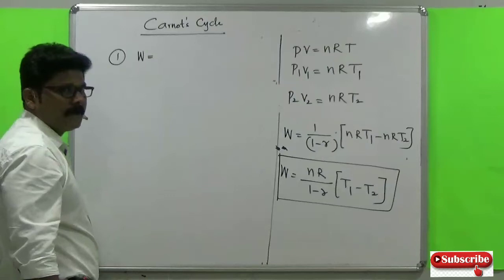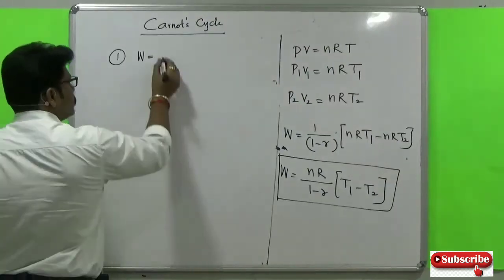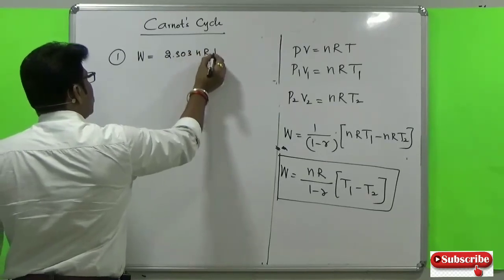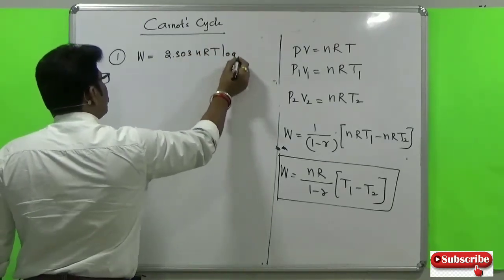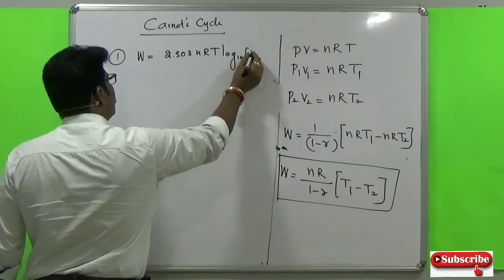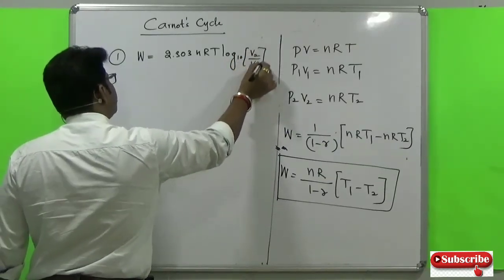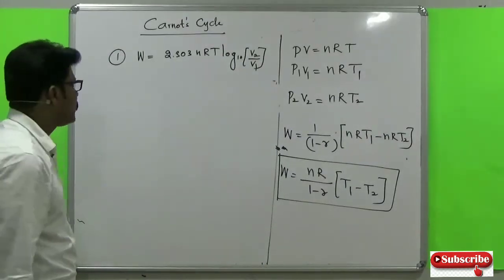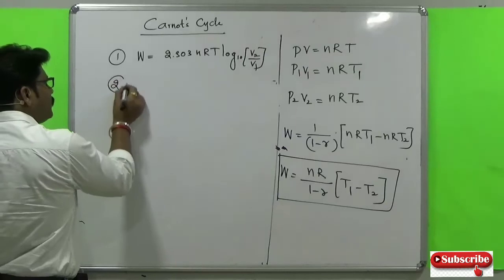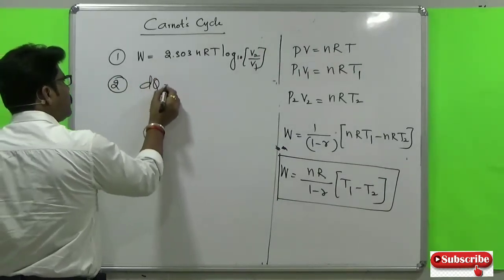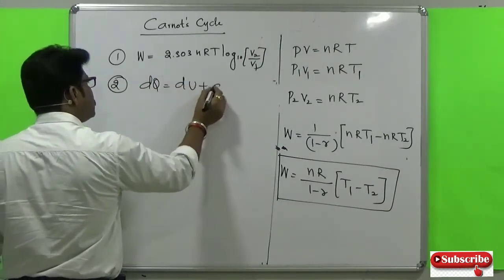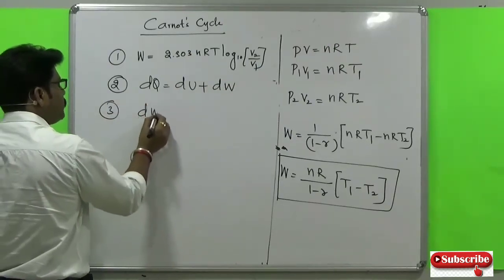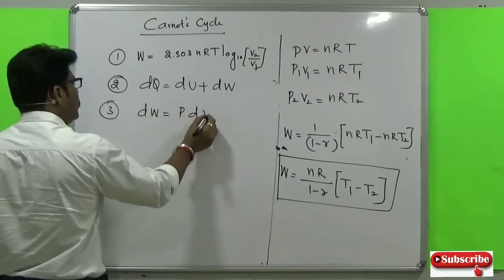What is work done? W is equals to 2.303 nRT log of base 10 V2 by V1, or in terms of pressure P1 by P2. Second one, first law of thermodynamics, dq is equals to du plus dw. Third one, dw is equals to P into dv.